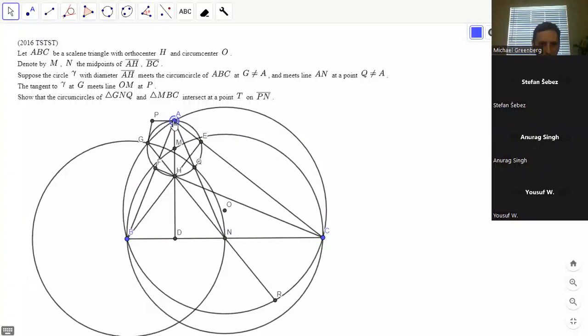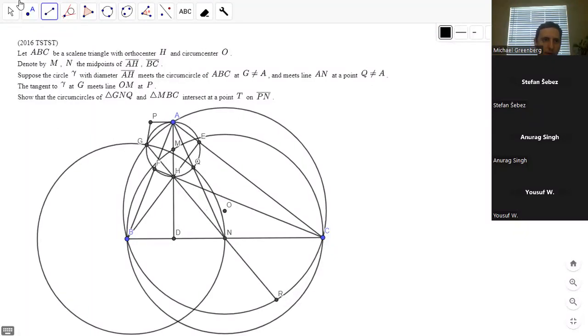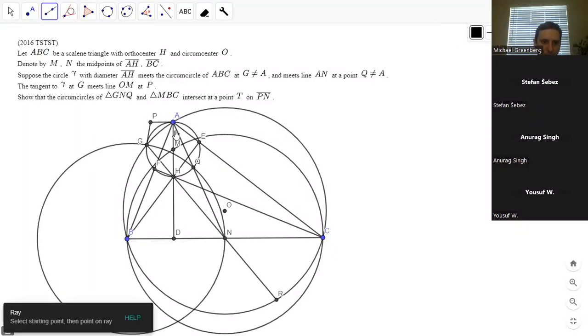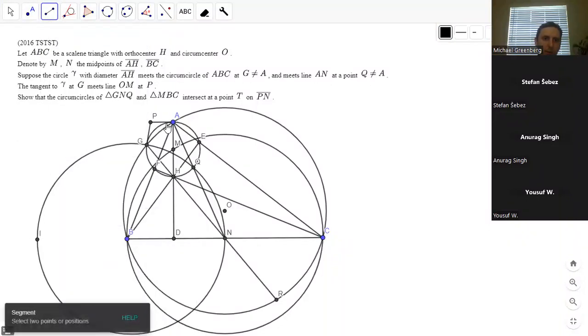Intersect on PN. Okay, can you introduce AG intersection BC and this 9-point circle? AG and BC. Yeah. Because like radical axis, they'll intersect on the circle. These two. Yes. And then maybe we'll even want to intersect EF with BC.